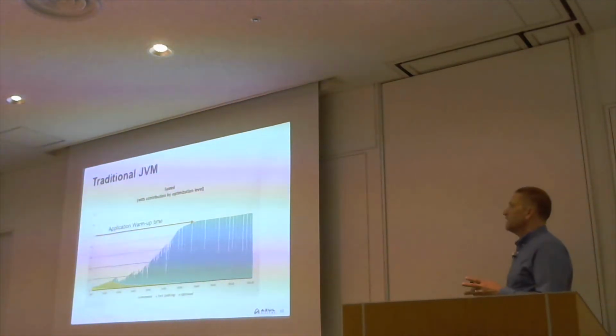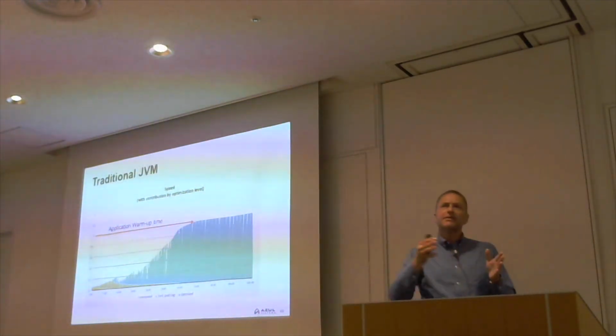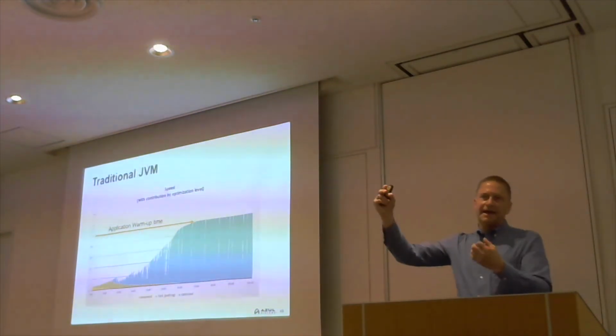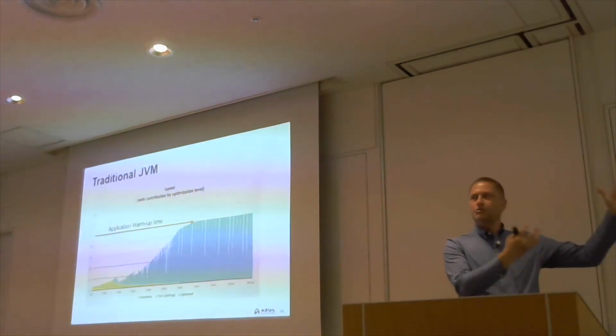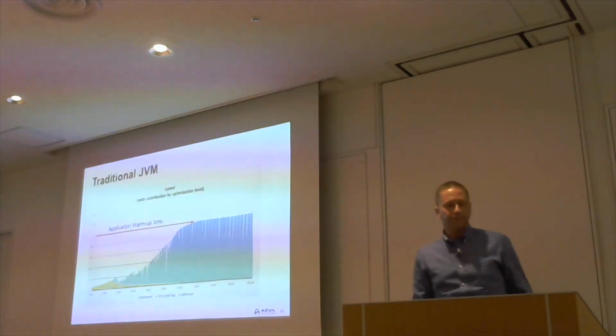Well, a lot of people say, and I've heard people who explain this more, couldn't you just let the application run for a while, and then you take a snapshot of all the compiled code, and you put that in a file somewhere, and when you start your application up again, just reload all that code again, and off you go, because it's exactly the same as if you restarted it.